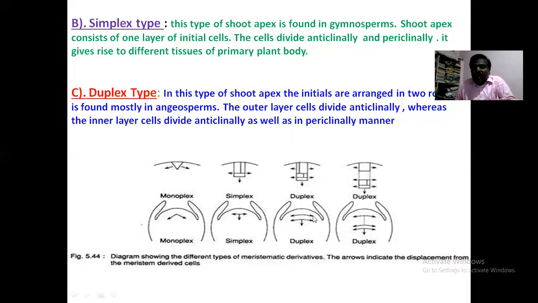One row shows anticlinal division, and the inner row shows anticlinal and periclinal division. This structure is present in angiosperms. In gymnosperms, simplex-type divisions are present and produce different types of cells.